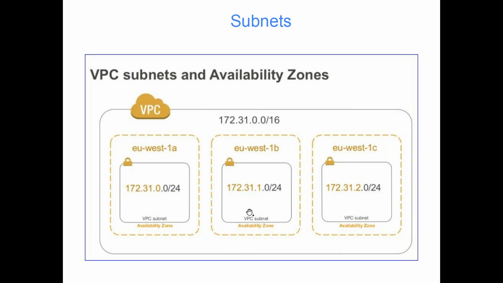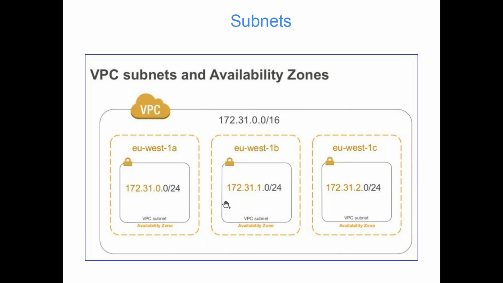We want to launch 2 instances, but not in the same availability zone, because if they are launched in the same availability zone, the high availability concept will go away. So while creating the EC2 instance, we specifically mention that we want to create it in this availability zone. We are not keeping it default.